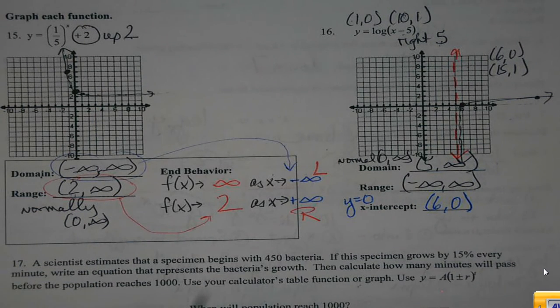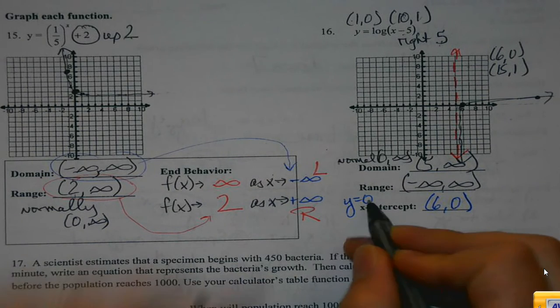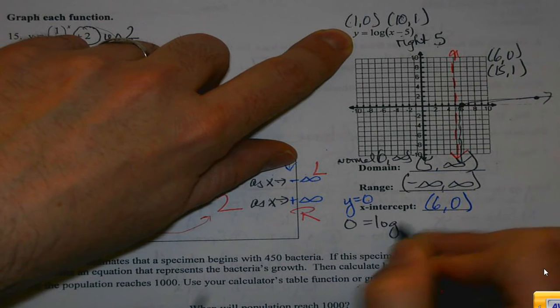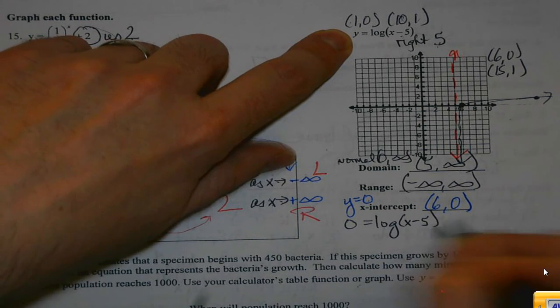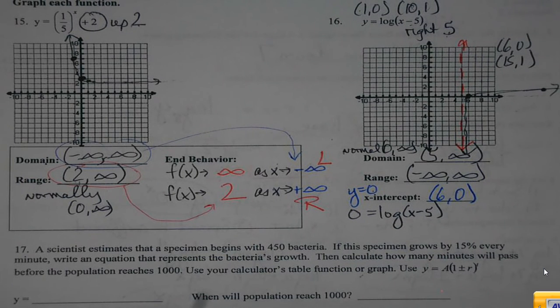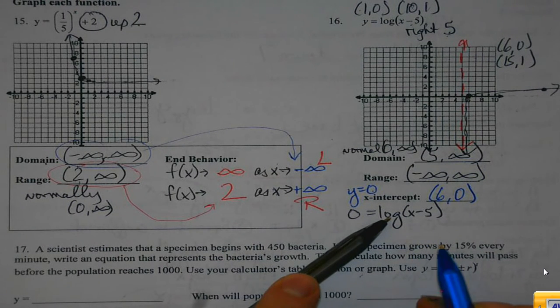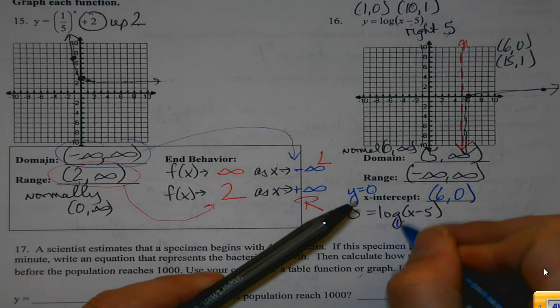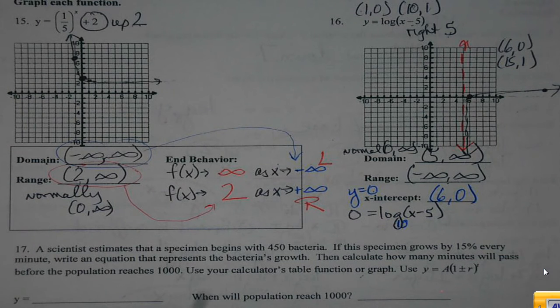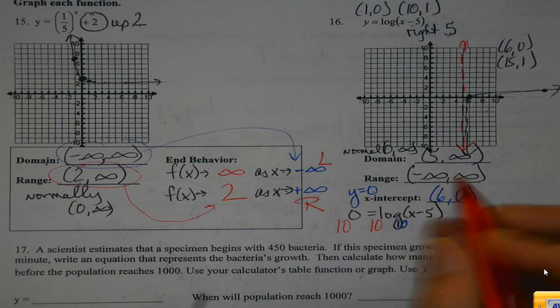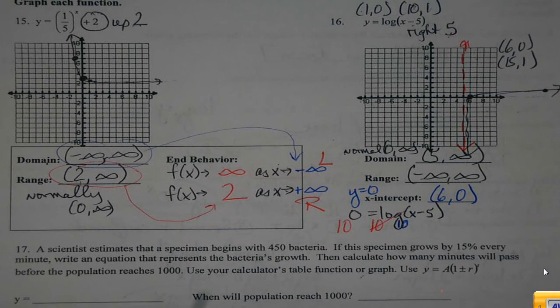If it isn't, here's what I have to do. I'm going to go to my equation. I'm going to plug in 0 where the y is. And I'm going to do a little bit of algebra. Now, we've said this earlier, but I don't remember. If I have a log with no little number here, what's the little number again? 10. So I'm going to exponentiate with my 10 to get rid of the log.